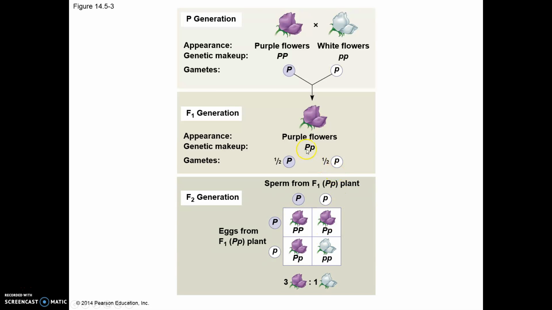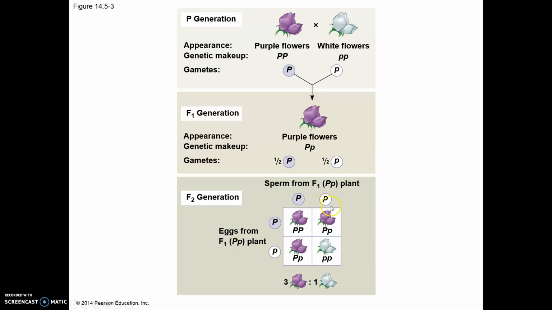So recognizing that when you make gametes, you can only make a gamete that has a big P or a little p. You could have the father giving you a big P and the mother giving you a big P. You could have the father giving you a big P and the mom giving you a little p.